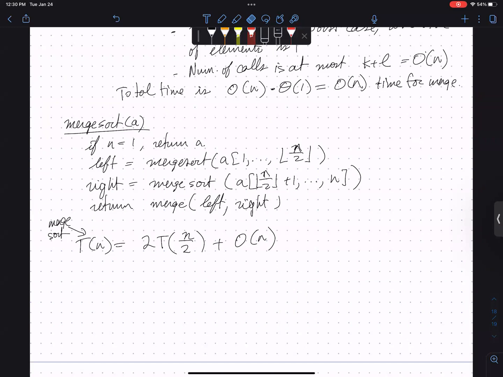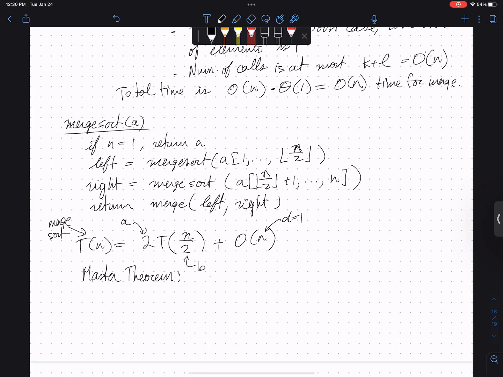Wouldn't it be nice if there was a technique we could use to solve this recurrence relation? Oh wait, there is. We learned it. It's called Master's theorem. If you remember, this is A, this is B, and D here is the degree of the polynomial, so 1.